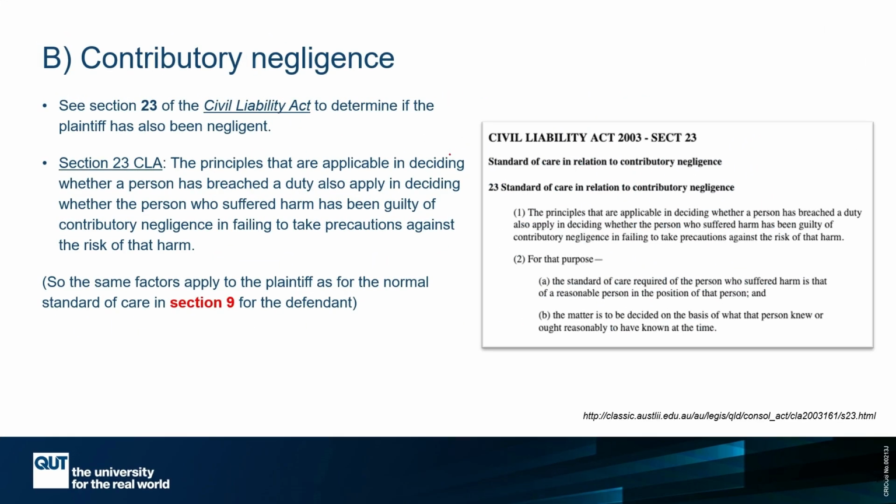Now this can be a little hard to follow, so I've got the section here so that we can understand what's going on. The principles that we need to apply when deciding whether a person has breached a duty, so these are the principles that apply to the defendant, the person who the plaintiff is arguing has been negligent, also apply in deciding whether the person who suffered harm, our plaintiff, has been guilty of contributory negligence, where the standard required is that of a reasonable person, not that person, but the reasonable person.